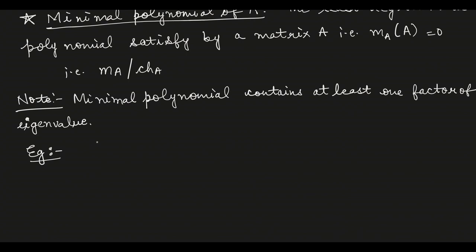For example, if I have this matrix [1 0 0; 0 1 0; 0 0 1], the simple identity matrix, firstly I will write the characteristic polynomial for this. What will be the characteristic polynomial? (x - 1) whole cube equal to 0.